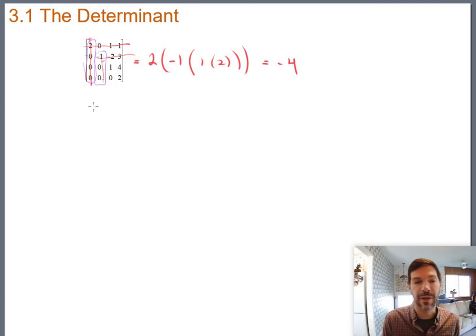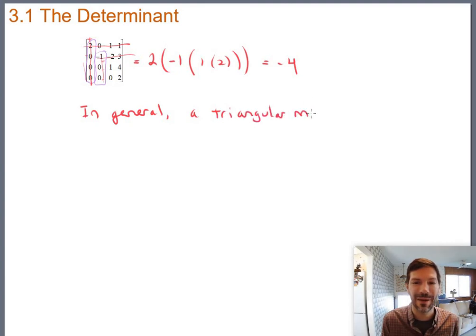So this is worth pointing out. In general, it's always true that a triangular matrix, and keep in mind that triangular matrix can mean either zeros entirely below the diagonal or zeros entirely above the diagonal, one of those two.